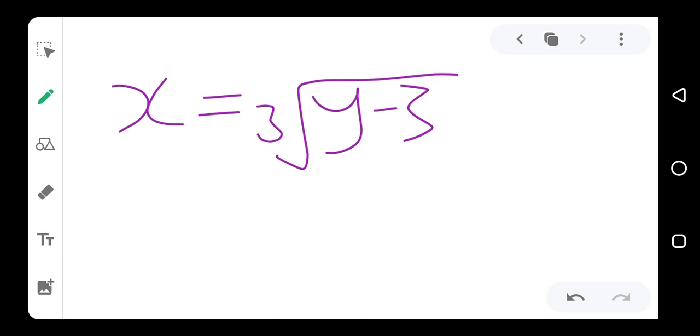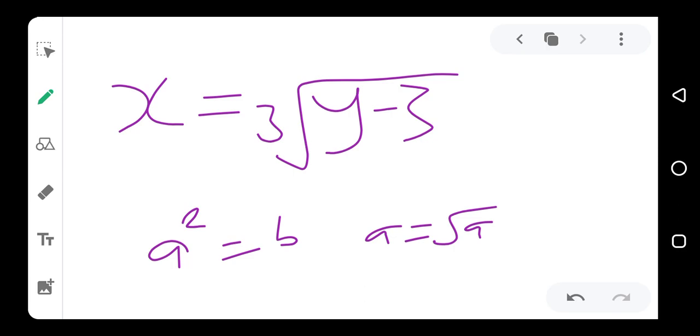Remember that if we have a raised to power 2 is equal to b, then a, if you want to clear the square root, is a is equal to root b. If we have raised to power 3, then we just put 3 here.